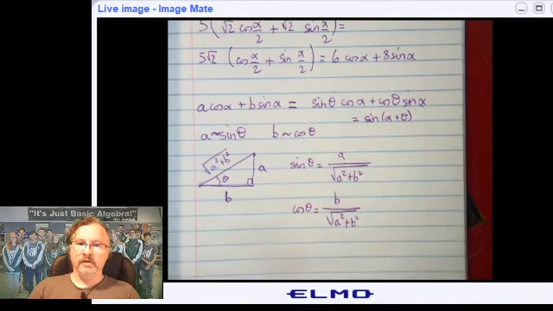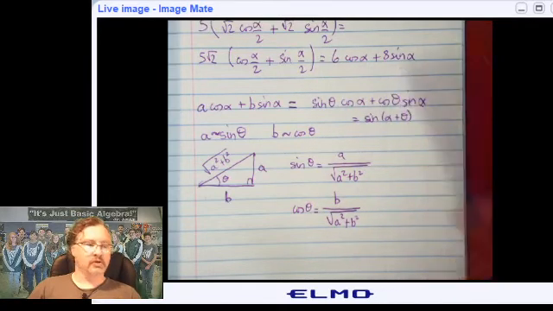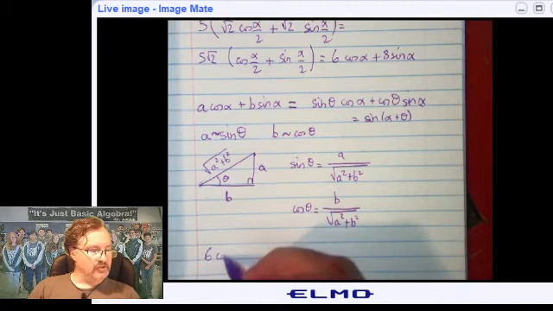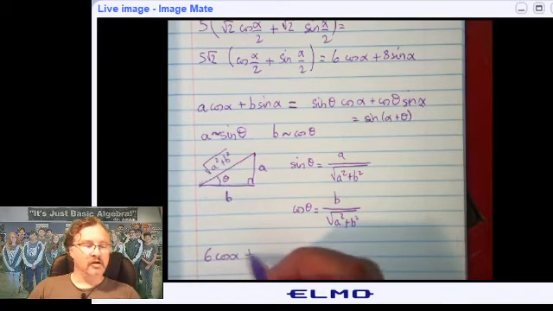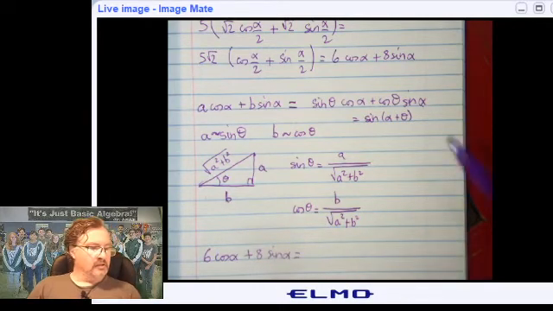Right? So let me demonstrate how this can be used with this first equation. So let me rewrite it. 6 cosine alpha plus 8 sine alpha equals. So this will be my A. This will be my B. Right?